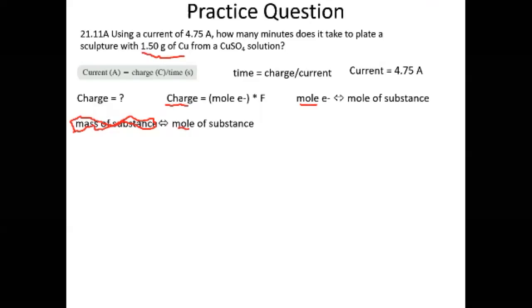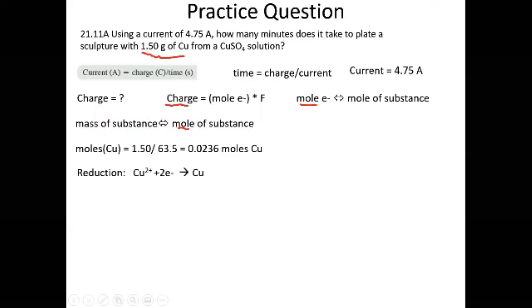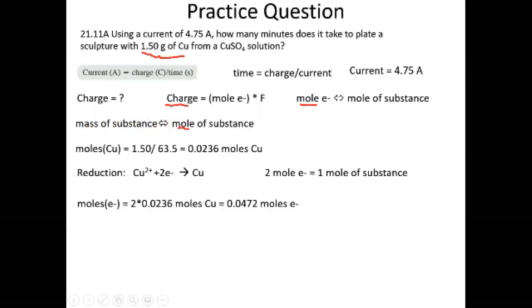So we can find the moles of copper. Mass divided by molar mass gives us the moles. The reduction half reaction, for every 2 moles of electrons, we produce 1 mole of copper. That's a 2-to-1 ratio. So to find the moles of electrons, we simply multiply the moles of copper by 2.